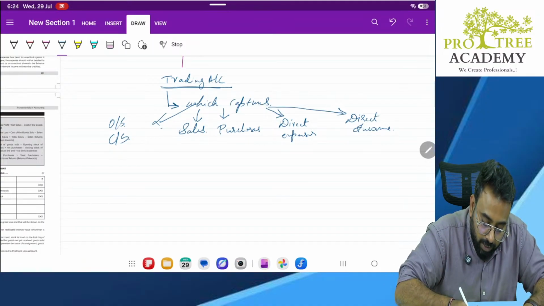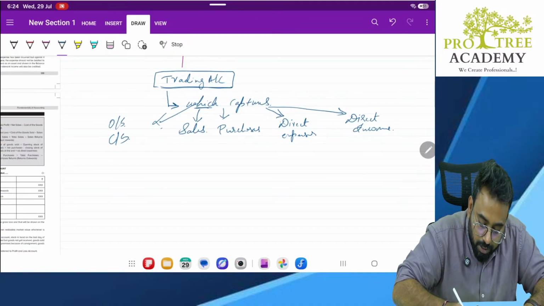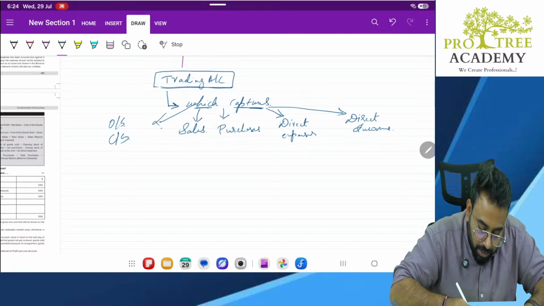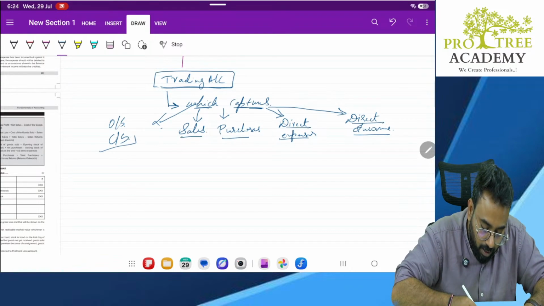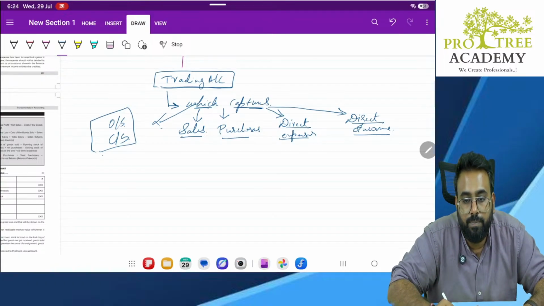So trading account is an account which captures sales, purchases, direct expenses, direct income and opening stock and closing stock.